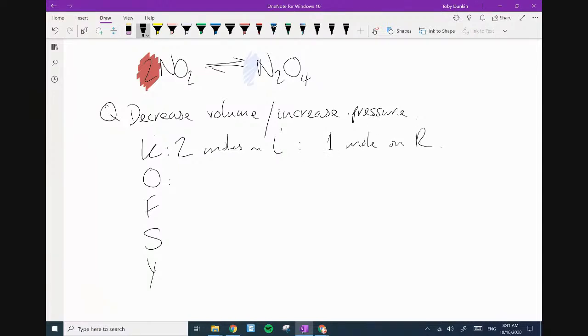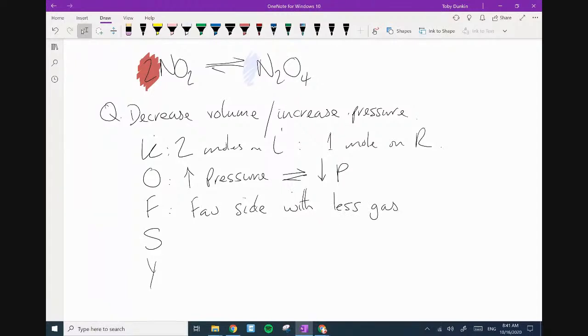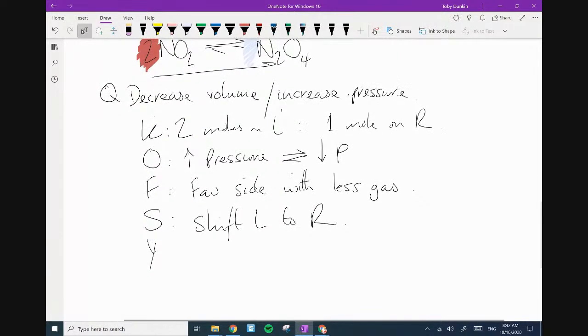If we increase the pressure, then the equilibrium will reduce pressure by favoring the side with less gas. The shift will be to the side with less gas, so shift left to right. The yield of colorless N2O4 increases.